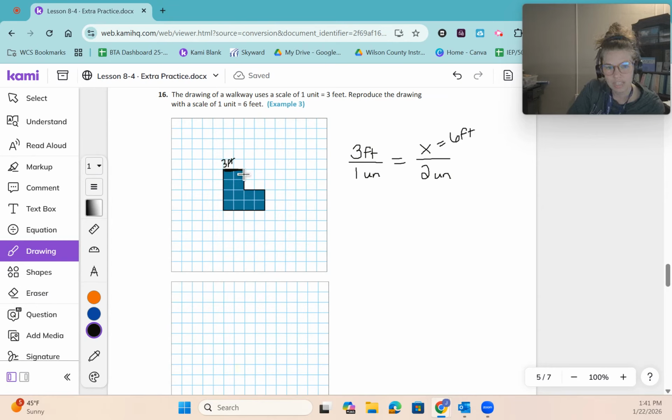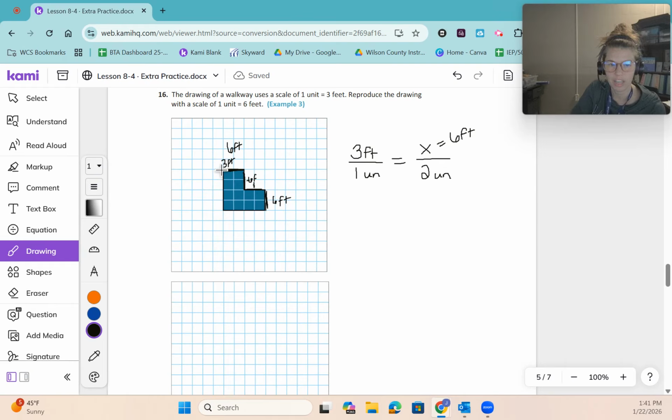And you'll notice that this is also 2 units, and this is 2 units, and this is 2 units, which means it's a 6 foot, 6 foot, 6 foot, and 6 foot right there. So we don't have to do that 4 times to figure that out. We can just use the same calculation we just did and know all of these are 6.